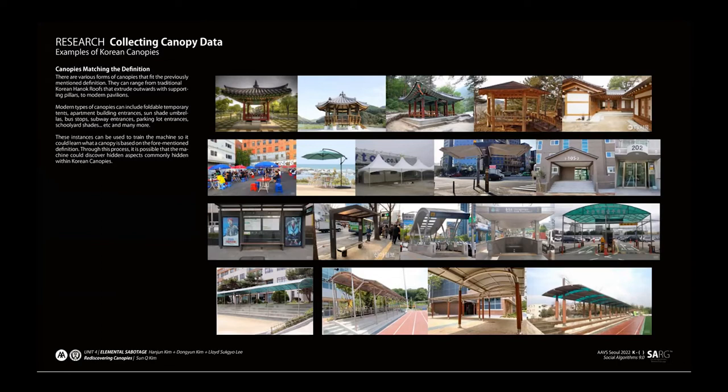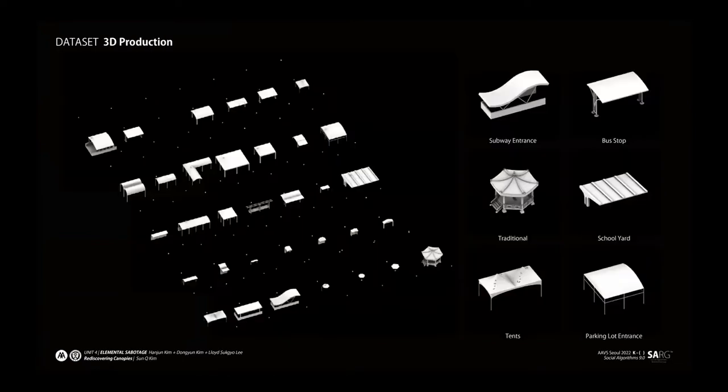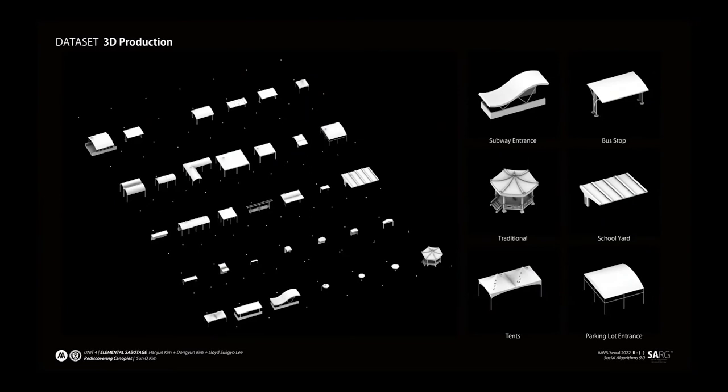They could all fit into my own definition of a canopy. So these were some of the references that I used, and we had to 3D model all of them. I came up with my own data set through 3D modeling, and some of these models include subway entrances, bus stops, and whatnot.